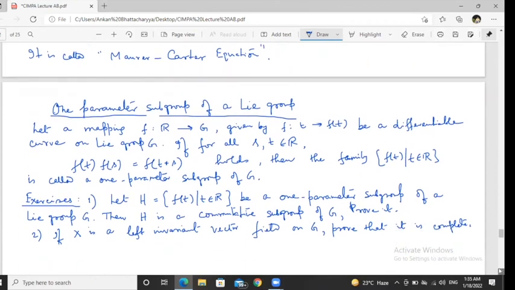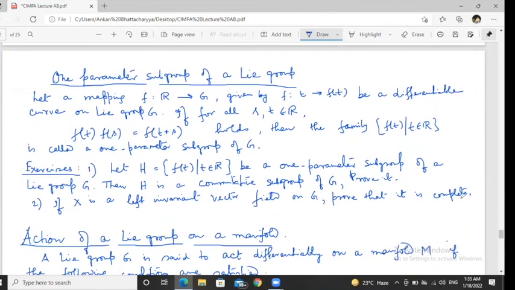Now, within 2 minutes, I will conclude with the one parameter subgroup of a Lie group.